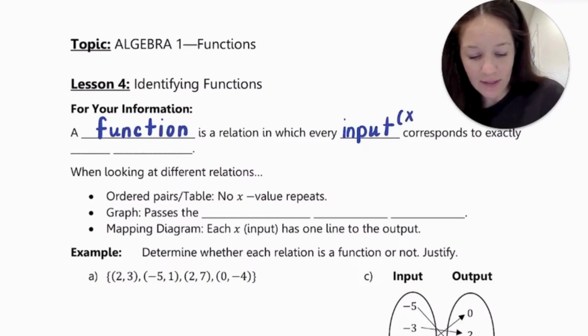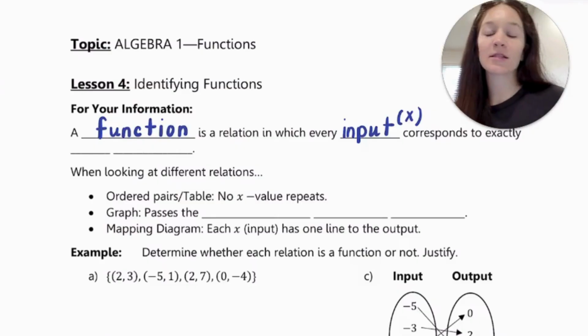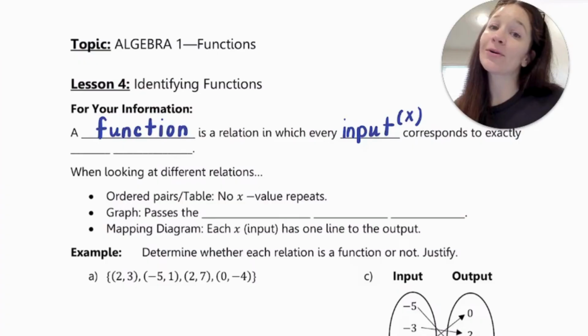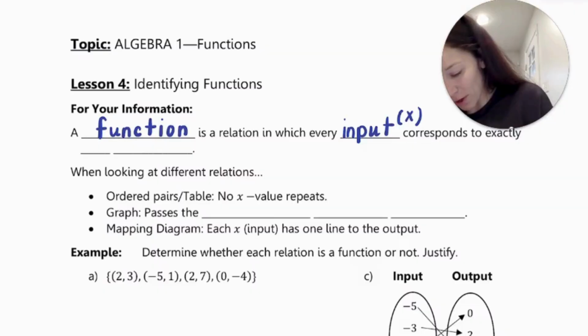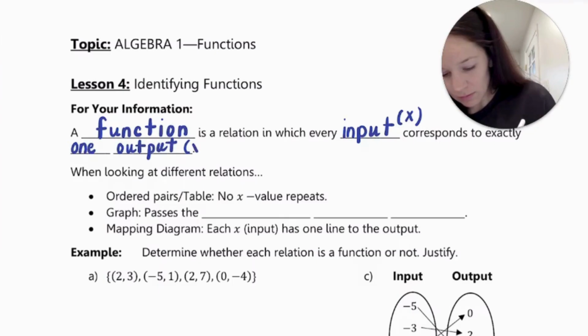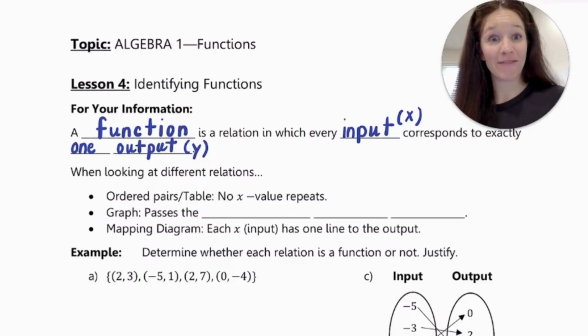So in parentheses, I'm going to put x there to make that correlation that input is our x values. Every input corresponds to exactly one output. Okay, that's our y values.